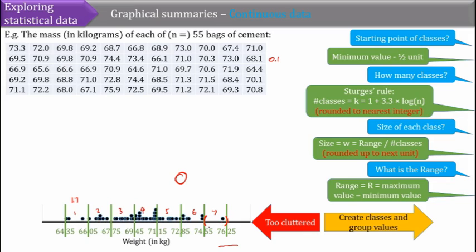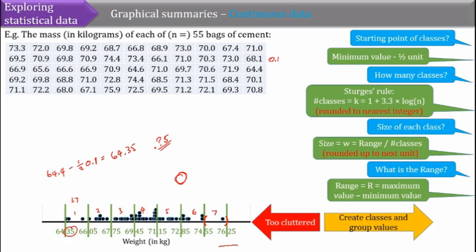Now what you should note, really important, by taking the smallest value in the data set, 64.4, and subtracting half a unit from it, that gave us 64.35. All the boundaries have a 5 at the end, and all the boundaries have 2 decimal places.